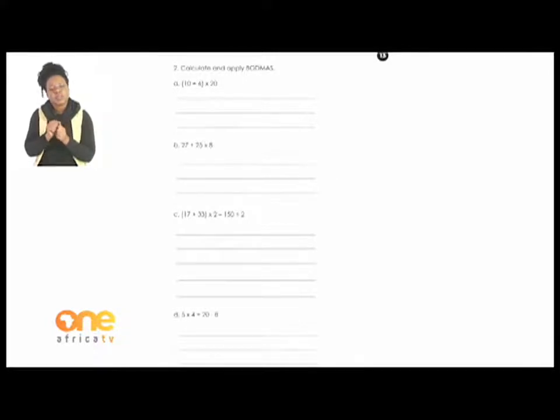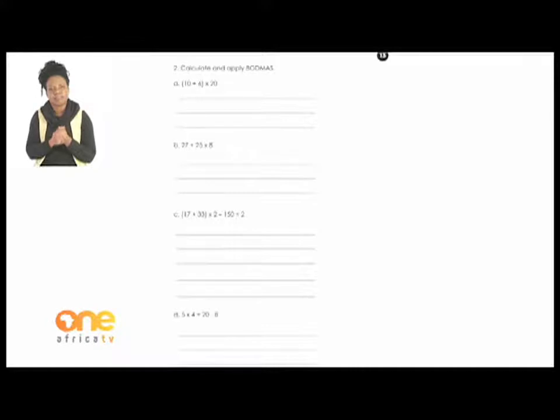Number C, in brackets, 17 plus 33, times 2, minus 150 divided by 2, also a very, very nice BODMAS sum because there's a bracket, a multiplication, a subtraction, and a division. And lastly, 5 times 4 plus 20 minus 8.